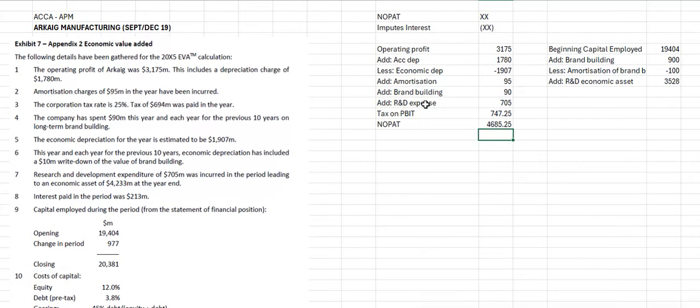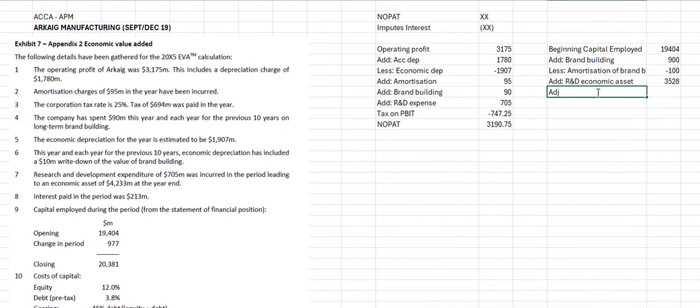Research and development expense added back. Oh, this tax must be subtracted. Tax is an expense. Subtract it. Yeah, now it looks good. So that's the net operating profit after tax.